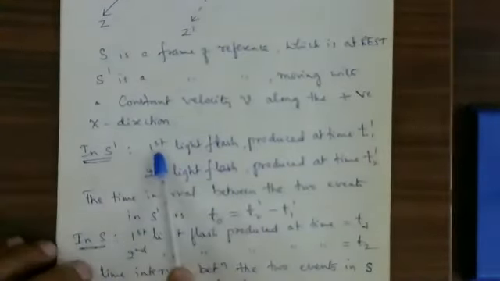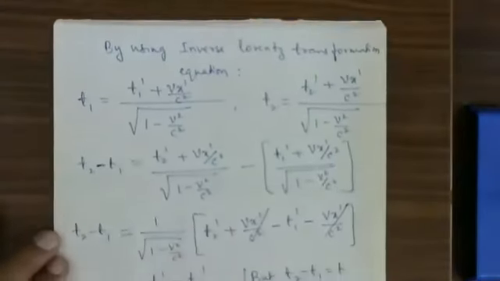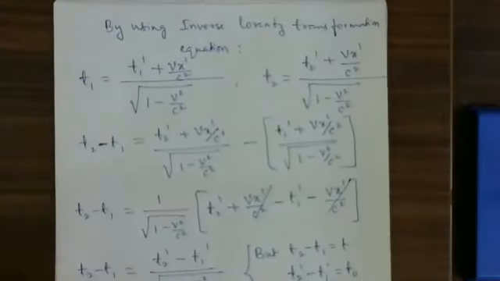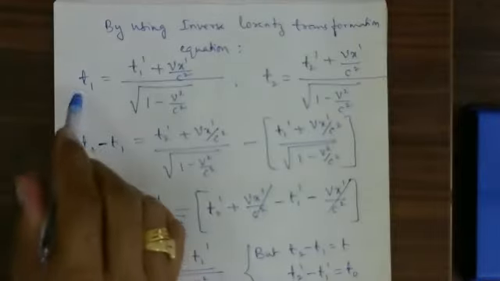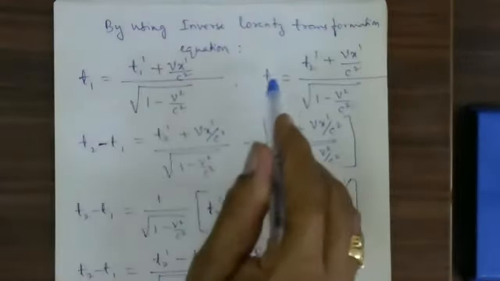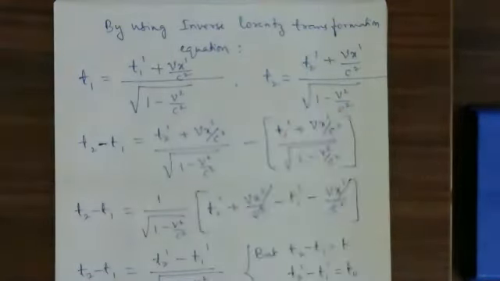Now let us use the inverse Lorentz transformation equations. By using them, we have to write T1 in terms of T1 dash, and T2 in terms of T2 dash.